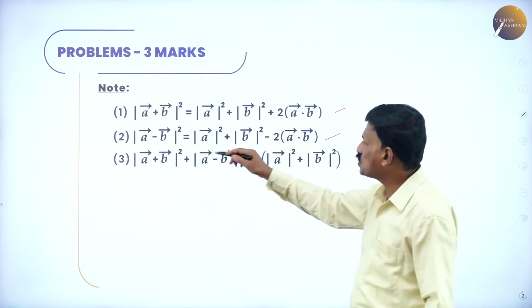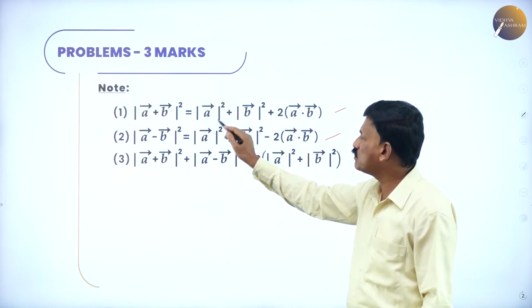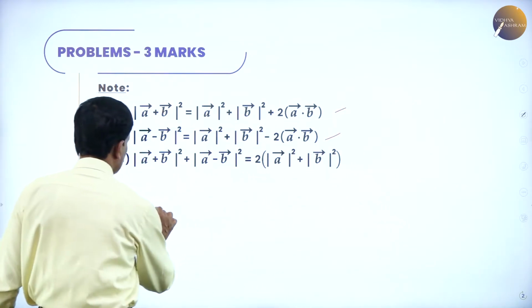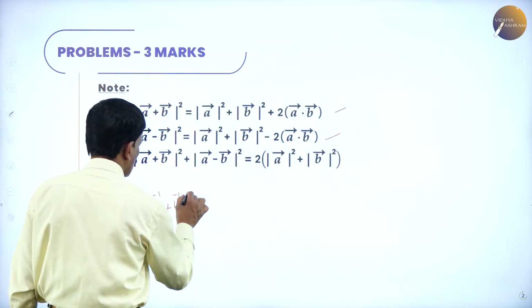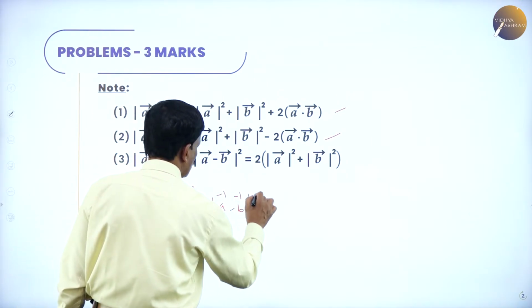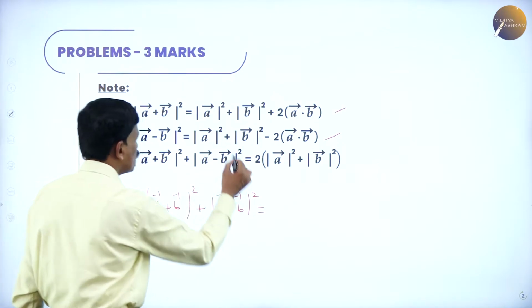Now, if you add these two, magnitude of A plus B whole square plus magnitude of A minus B whole square, what is A plus B whole square?